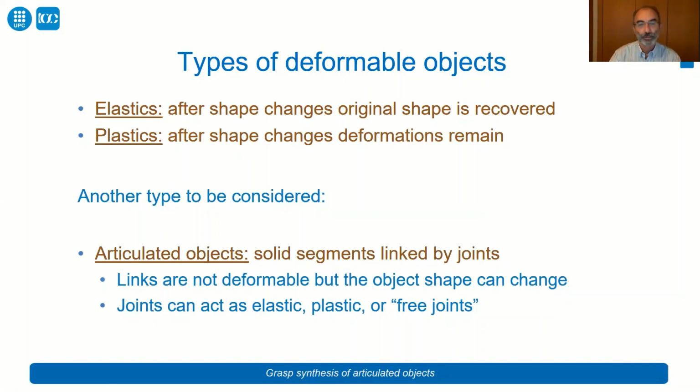These are composed of solid segments linked by joints. The links are not deformable, but the object as a whole can change the shape, and therefore is another type of deformable object. The joints in turn can act as elastic, plastic, or even free joints. This is the case we will consider in this work.